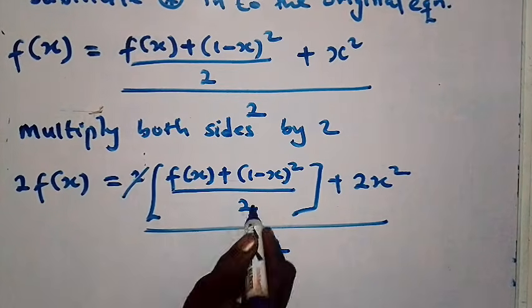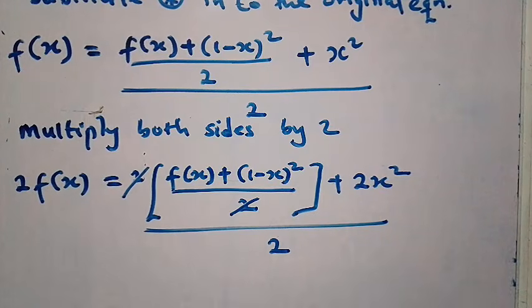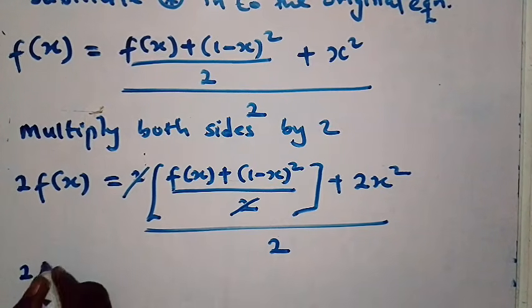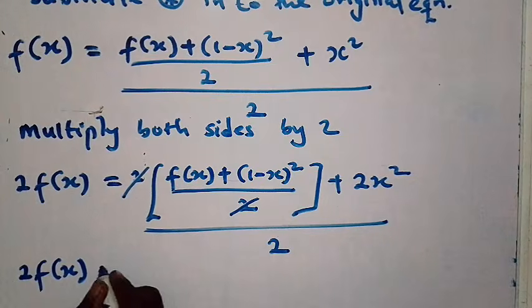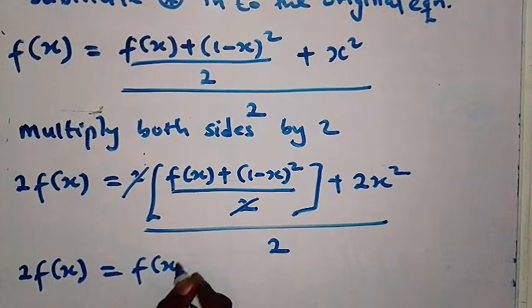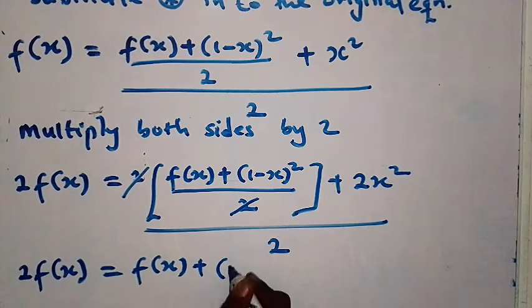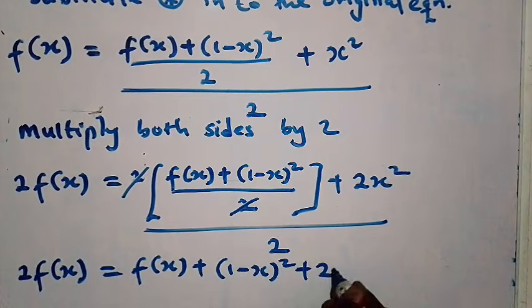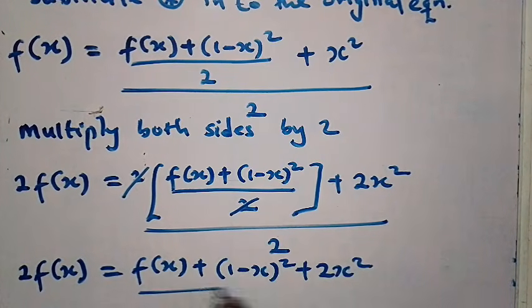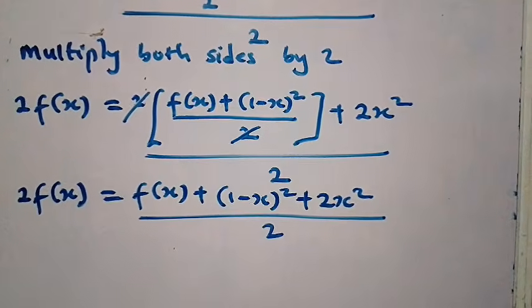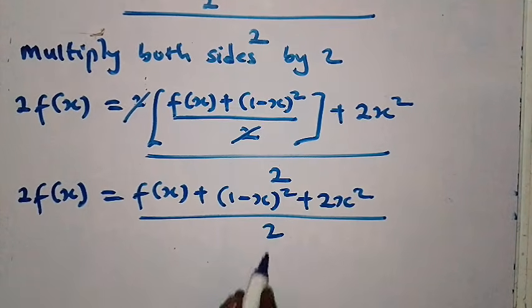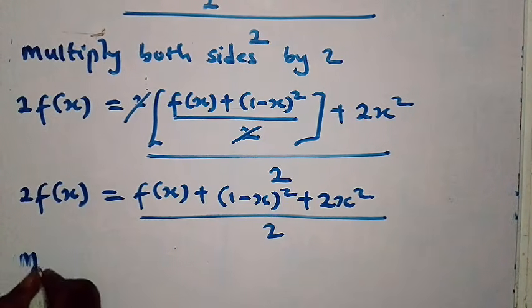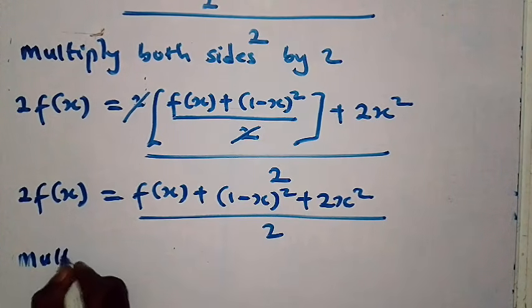Here 2 will cancel out 2. We are left with 2f of x equals f of x plus 1 minus x squared plus 2x squared, everything divided by 2. We still have to find a way of eliminating this denominator. Multiply both sides by 2 again.